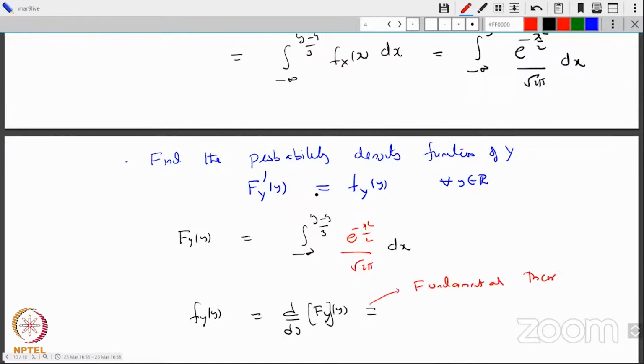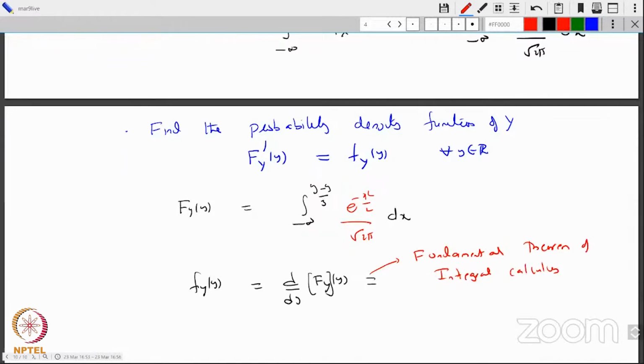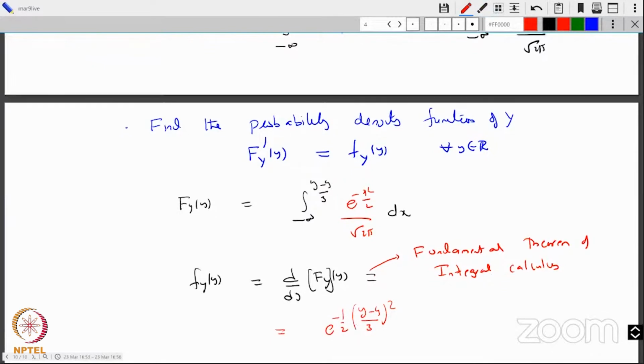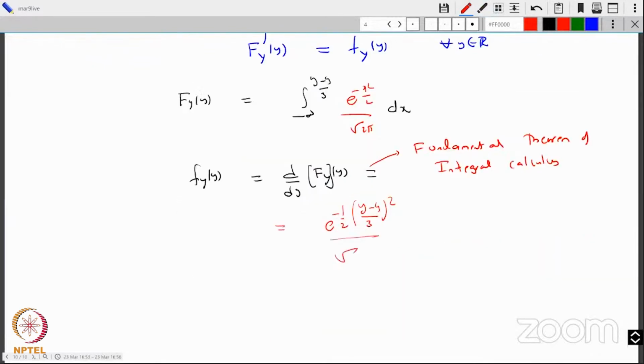Look, I don't have just y here, I have y minus 4 by 3. So all I do is plug in the integrand, that is y minus 4 by 3, the whole squared, times 1/2, which is outside and remains there. Then I put down e to the minus that, and I have root 2 pi at the bottom. Then I have to differentiate d by dy of y minus 4 by 3.